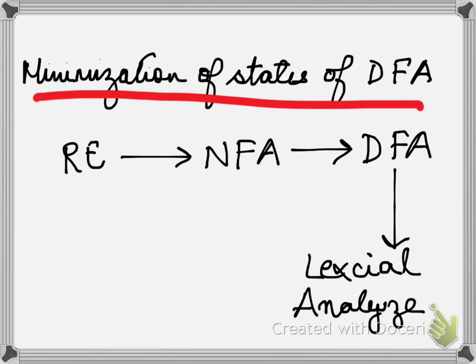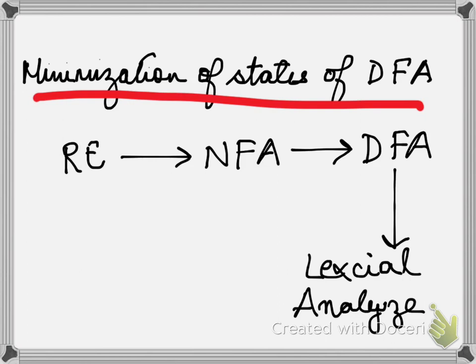So, given a DFA, if we can construct an equivalent DFA with a lesser number of states, then the lexical analyzer that we construct out of this will be more efficient in terms of both execution time as well as memory.